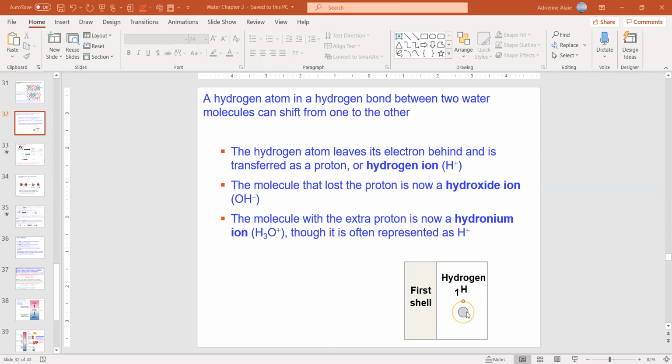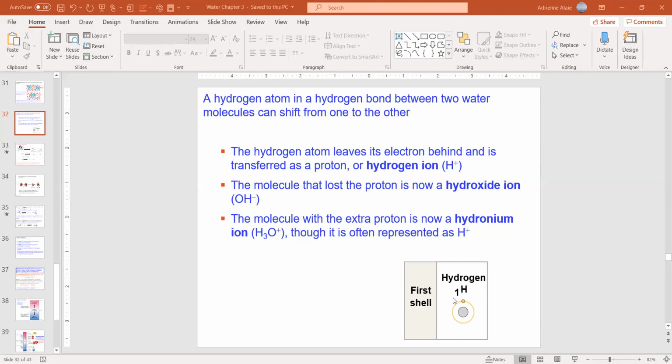Deuterium has a neutron and tritium has 2 neutrons, but this hydrogen atom has none. So it is basically just a proton with an electron circling it, not orbiting, but going around in an electron cloud. That electron is found in the first shell. So an electrically neutral hydrogen atom is simply a proton and an electron circling all around it.